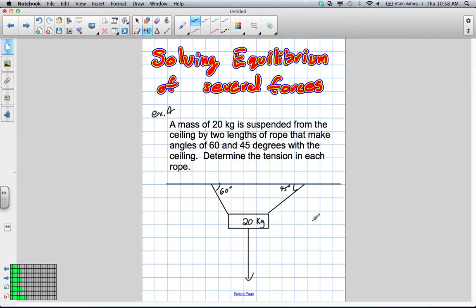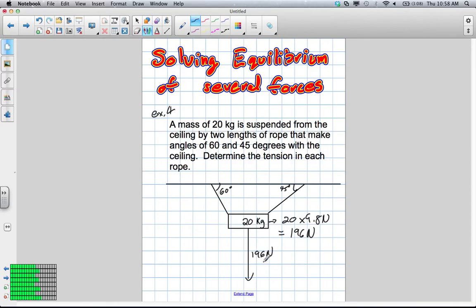So we need to figure out what this is going to be in newtons. We take our 20 kilograms and multiply by 9.8 newtons. That's going to tell us our force, and in this case, it is 196 newtons. Okay, so the force heading downwards is 196 newtons.